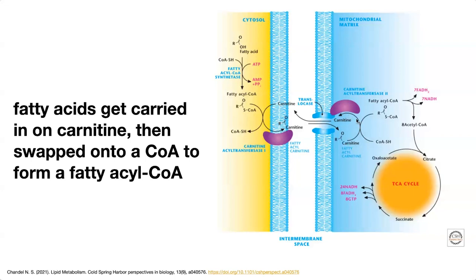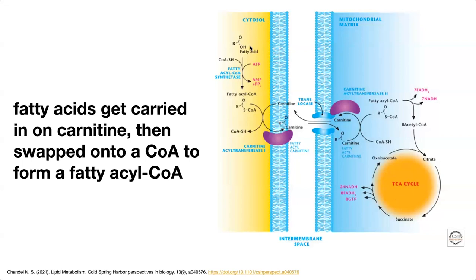Here, you have another carnitine acyltransferase that transfers it off of carnitine and onto the CoA. This will give you a fatty acyl-CoA, and that can then be broken down, and those acetyl-CoA pieces can enter the tricarboxylic acid cycle.